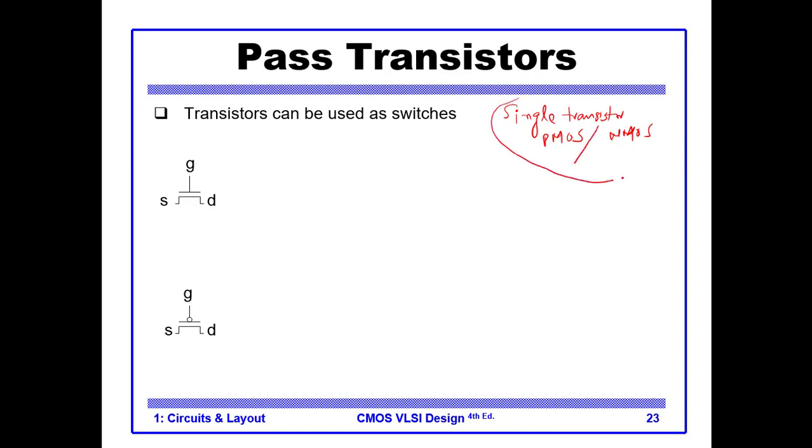Those are called pass transistors. So for example, this is an NMOS pass transistor. This is a PMOS pass transistor.